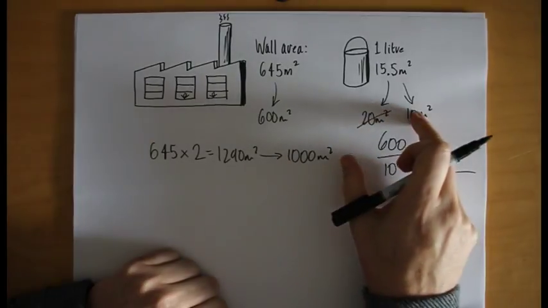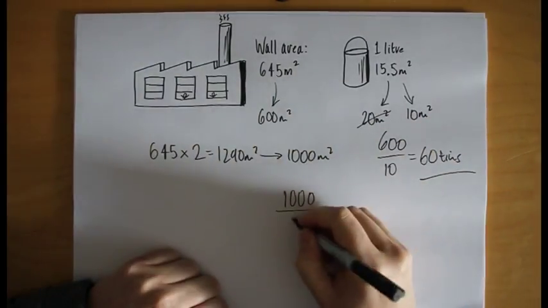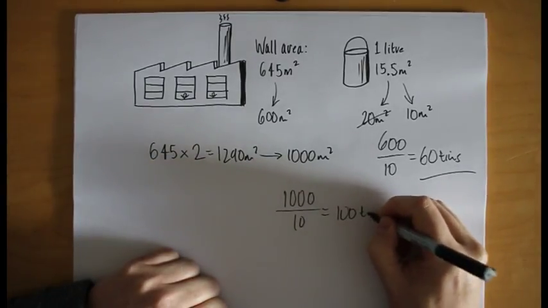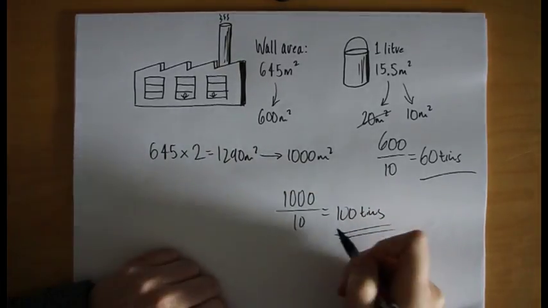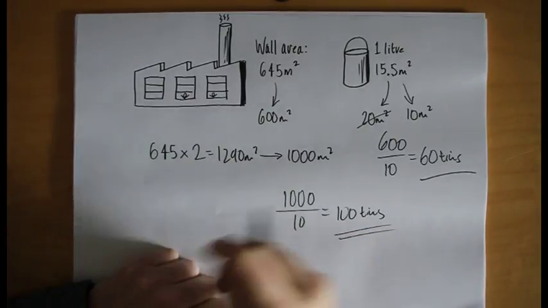Now that's how much wall area we've estimated for 2 coats. We end up using this and this. Area needed divided by coverage by the paint again gives us the number of tins, and that'll give us 100 tins.